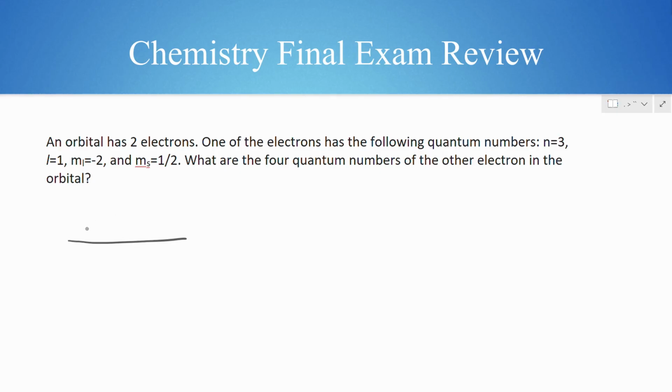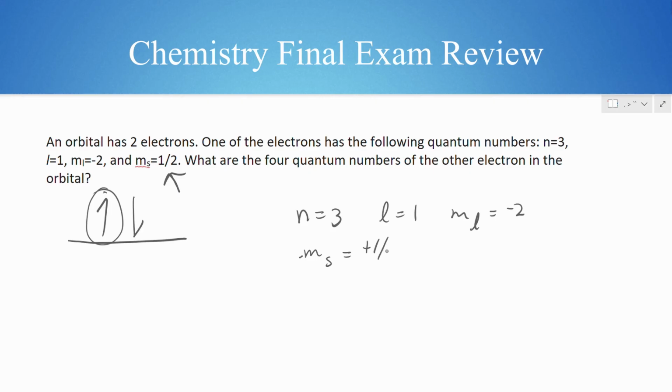So they're telling us that one is spinning up, and they gave us the quantum numbers of the one pointing up because its spin quantum number is positive 1/2. Those were n equals 3, L equals 1, m sub L equals negative 2, and m sub S equals positive 1/2. That was the upward pointing electron.